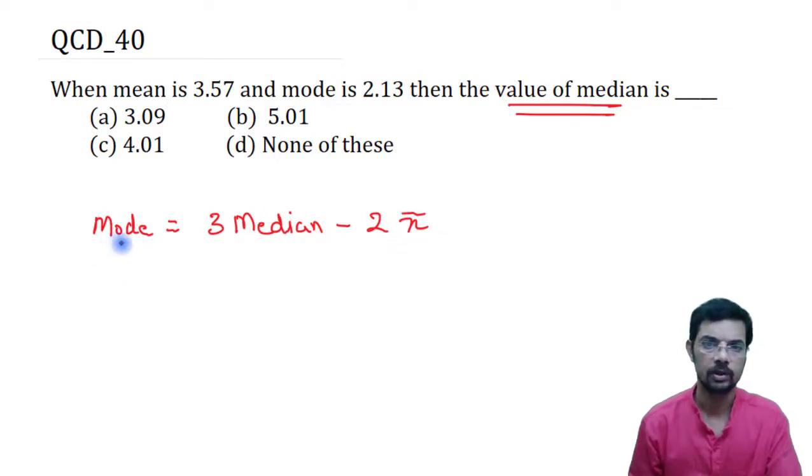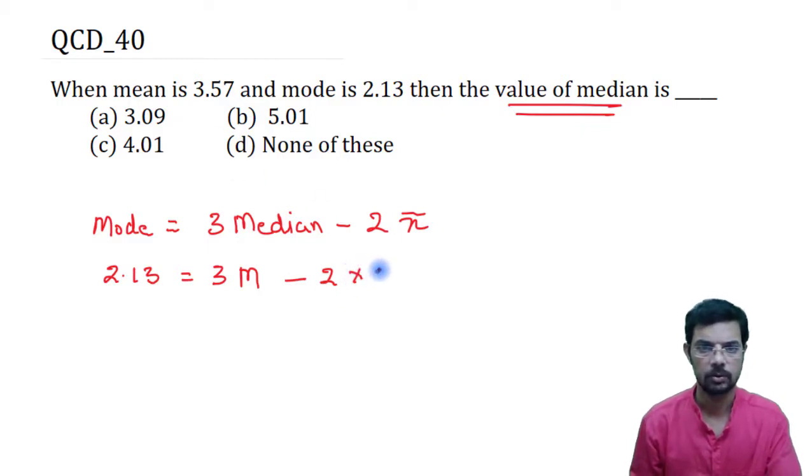So the mode is given to you as 2.13, and so 3 times the median, we need to find the median, say m, minus 2 times x bar. What is x bar? X bar is 3.57.